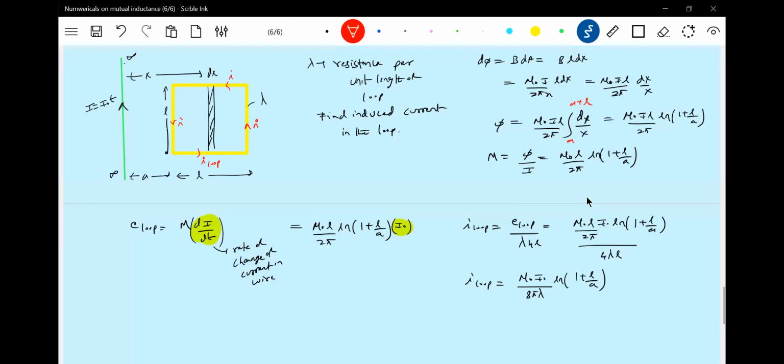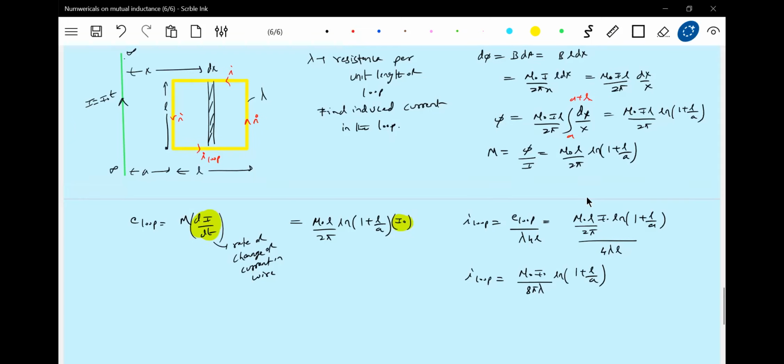Okay, everyone fine? So there is some sort of EMF, no? We can replace that loop by a source E loop and also the resistance. So what will be the equivalent circuit?